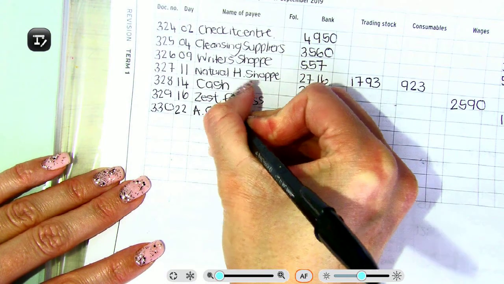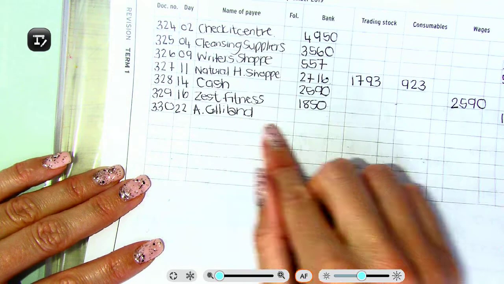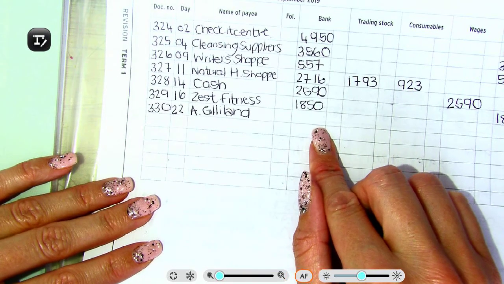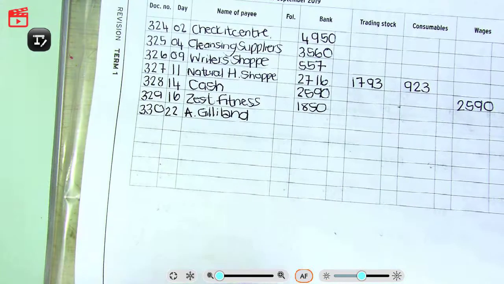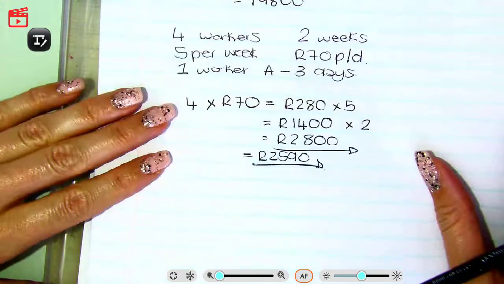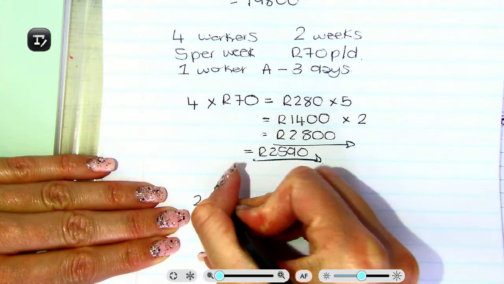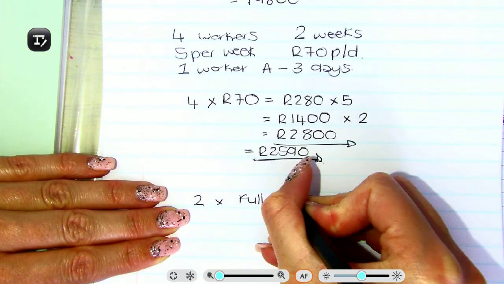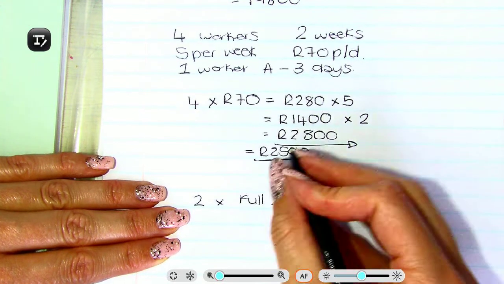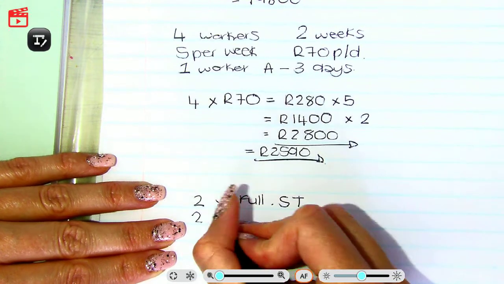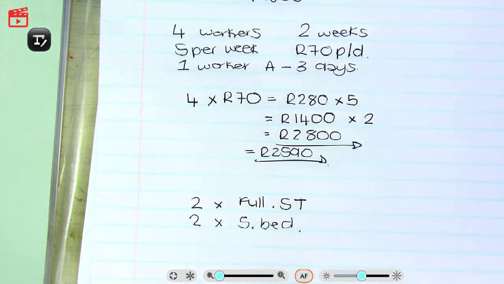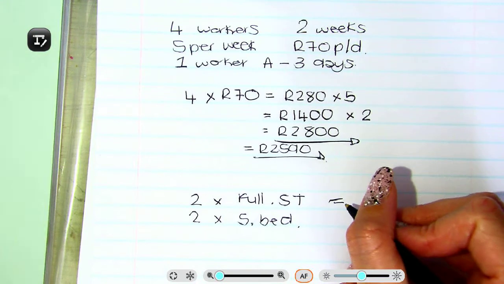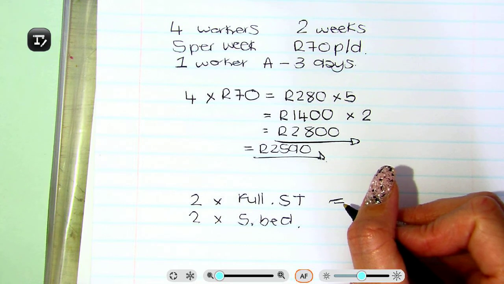Okay, and we now need to work out the amount. So 2 of her friends popped in for a visit, and she spoiled each of them with full skin treatments and sunbed sessions of an hour. Okay, so we know that a full skin treatment, if we turn back, is 350.